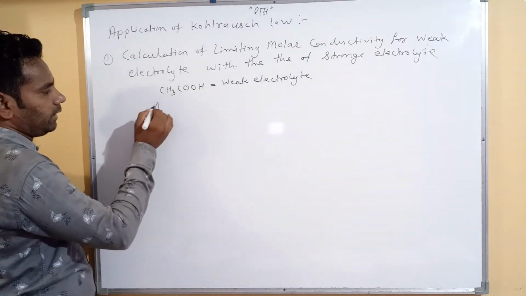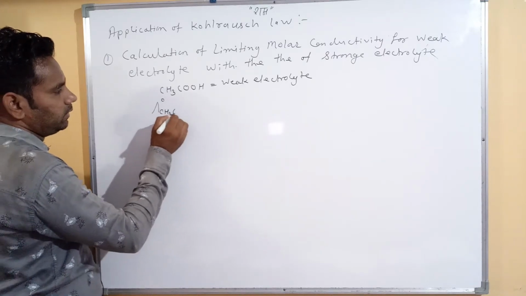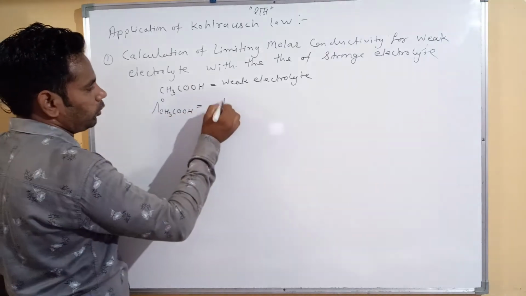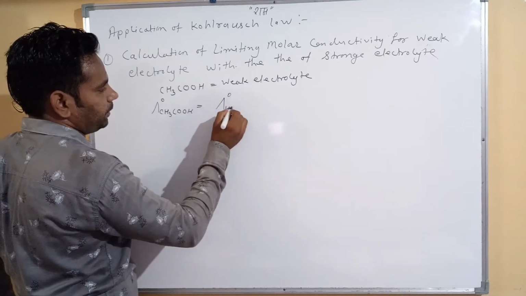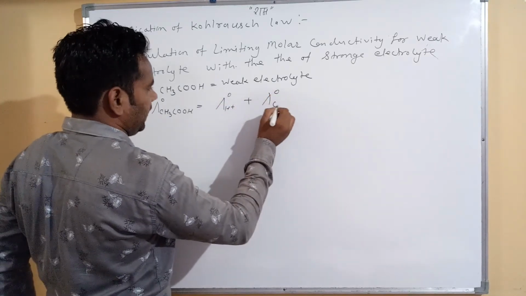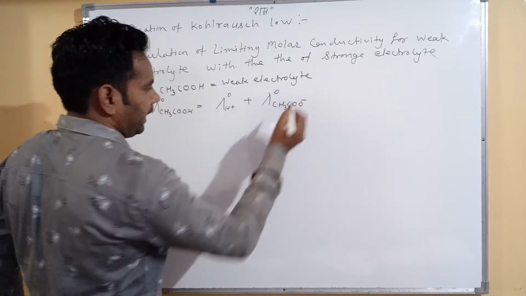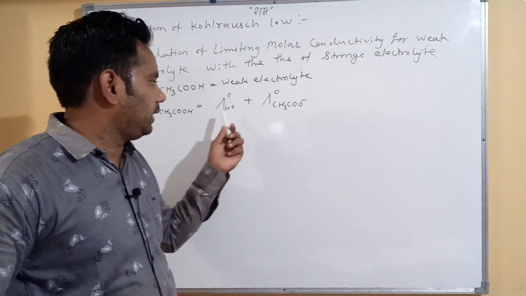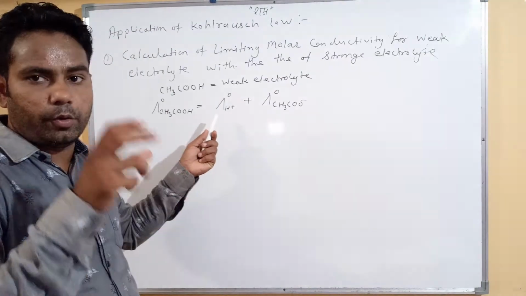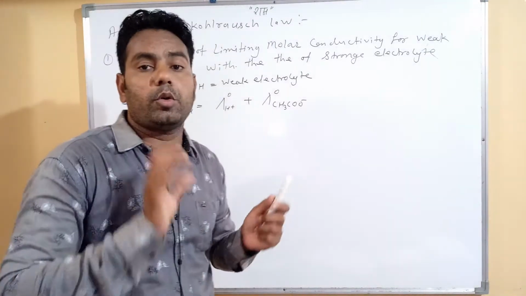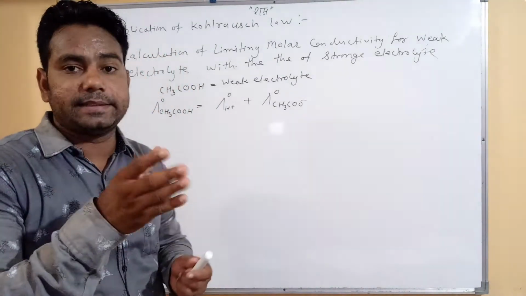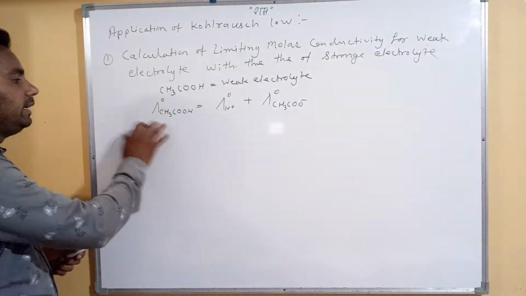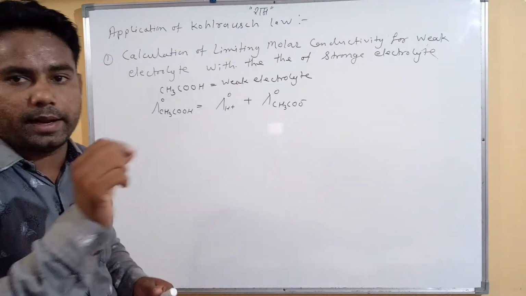How do I calculate it? First, I write Kohlrausch's law for the weak electrolyte: H+ and CH3COO-. If I know the limiting molar conductivity of H+ ion and of acetate ion, I can easily calculate the limiting molar conductivity of acetic acid.